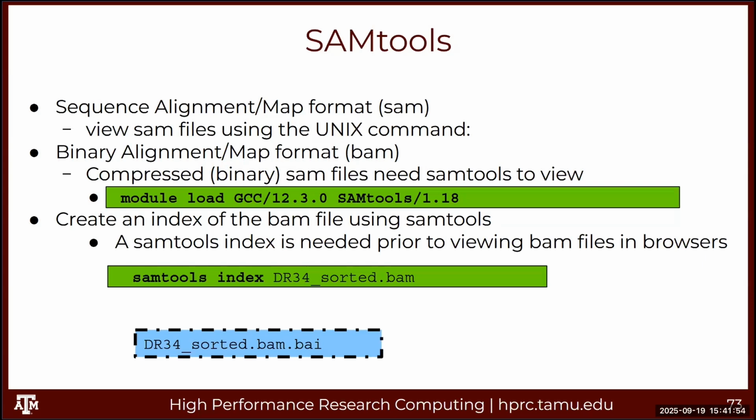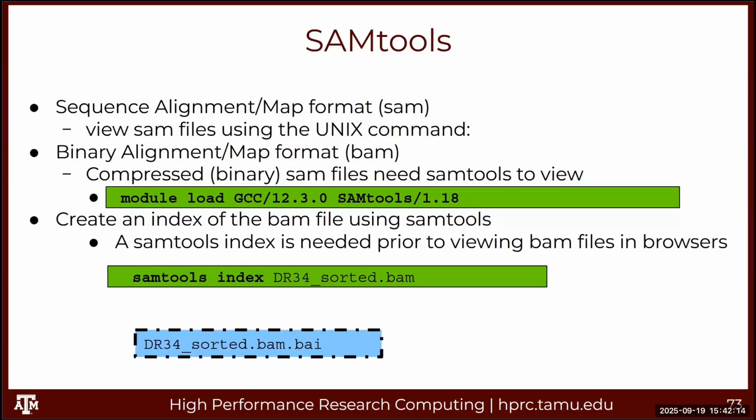No underscore, it's dr34, and then underscore, S, tab. Okay, enter. And then when that's done, you can do ll and you'll see a BAI file.